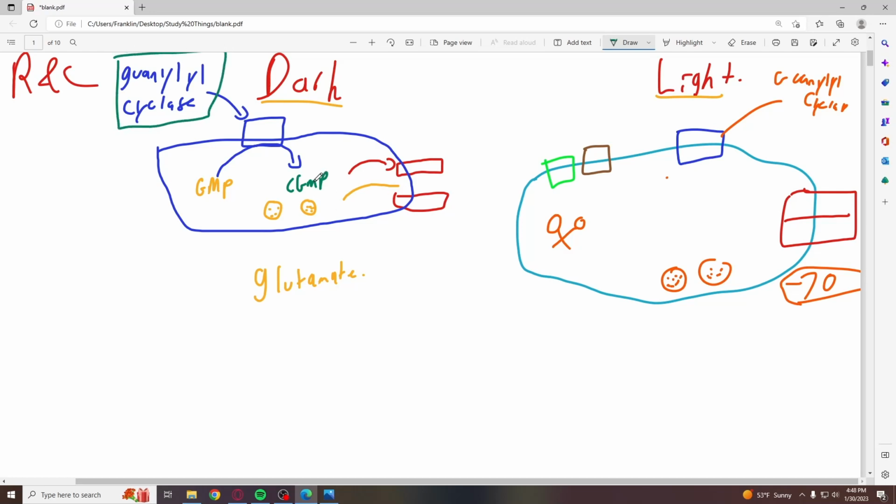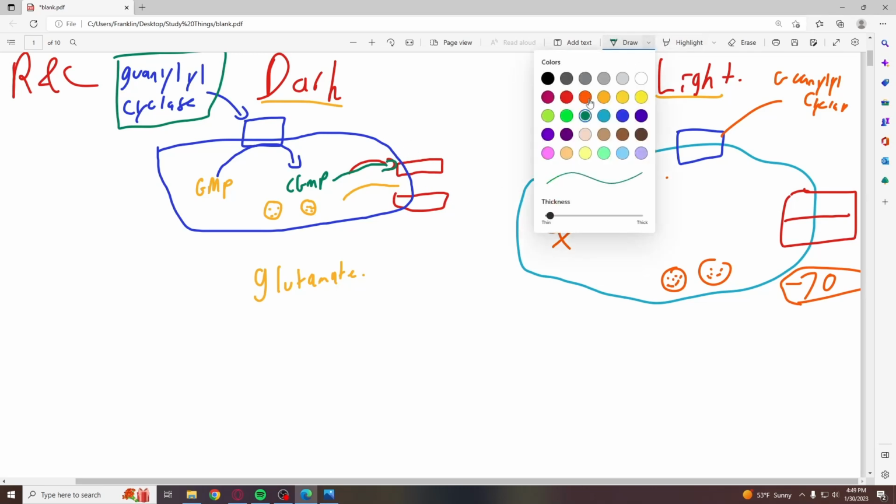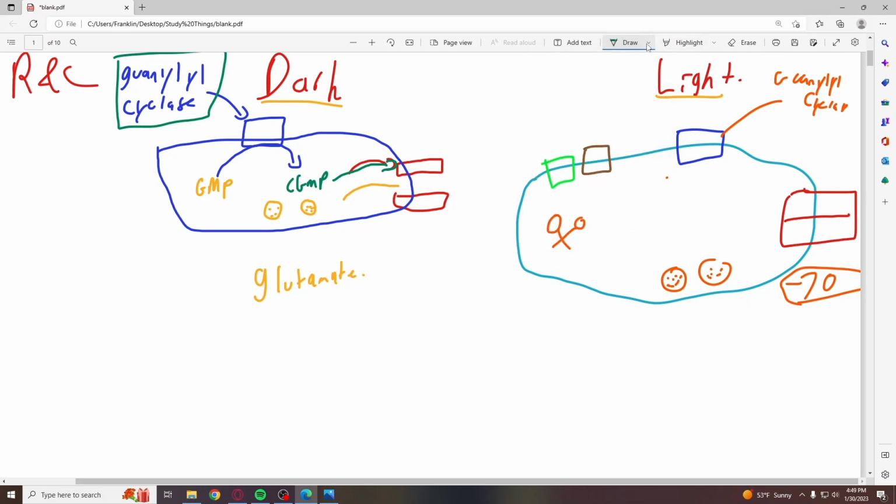What cGMP does is it comes onto this little channel and opens it. It is a non-selective channel, and it will allow any kind of cations in.